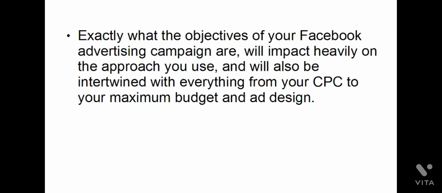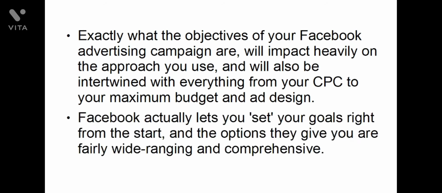Now, exactly what the objectives of your Facebook advertising campaign are will impact heavily on the approach that you use, and will also be intertwined with everything from your cost per click to your maximum budget and to your ad design. Because obviously, if it's a $10 ebook, you don't want to pay more than $10 a click because you'll be losing money. And Facebook actually lets you set your goals right from the start.